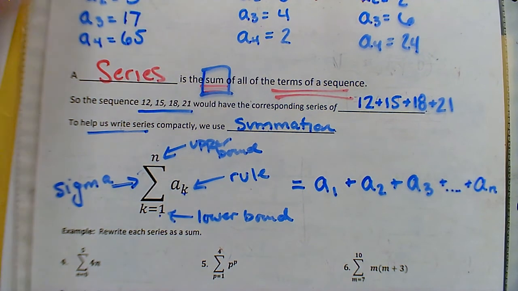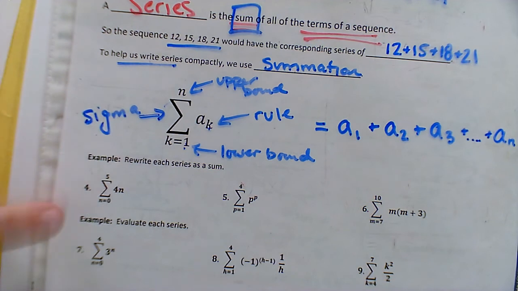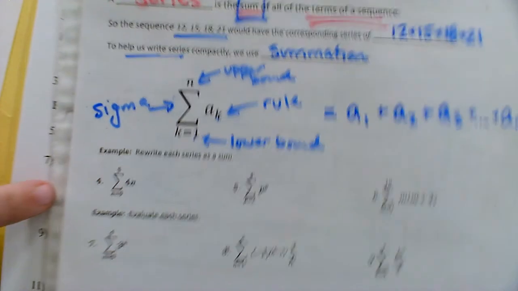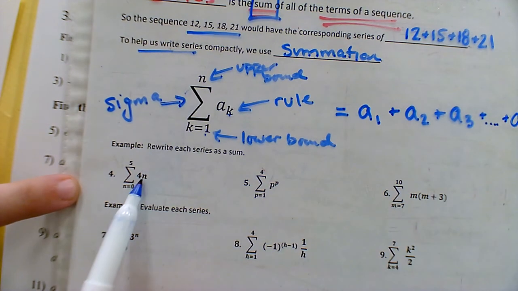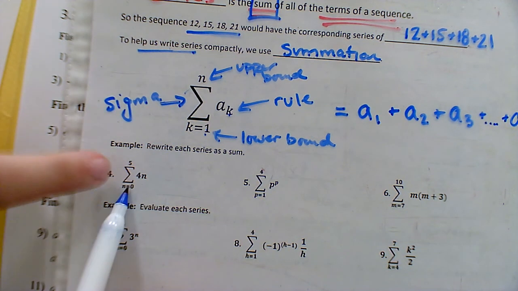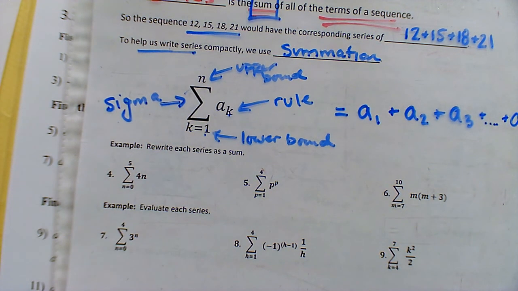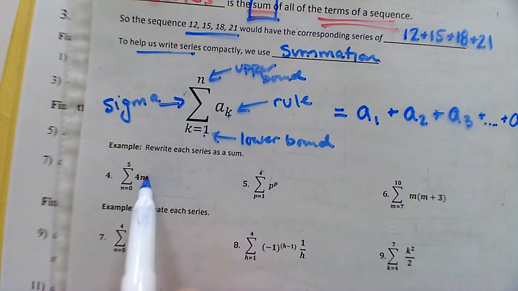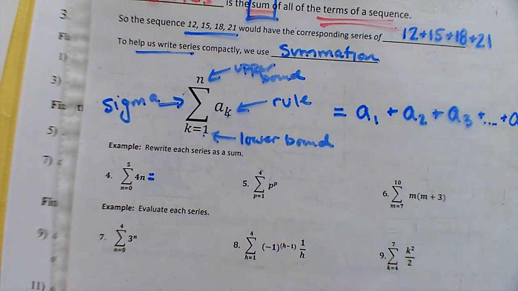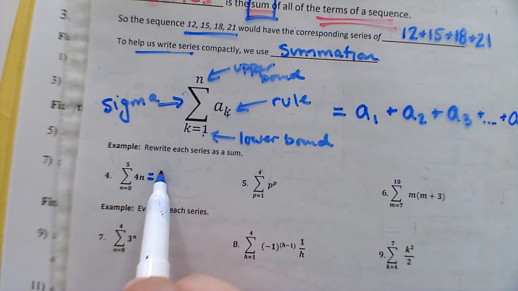Okay, so we're going to practice writing these series out based off the way this sigma looks. So for the first one, our rule is 4n. We're going to start by plugging in 0, we're going to end with plugging in 5, and we're going to add all of the other terms in between 0 and 5. So if you plug in 0, what do you get for your first term? 4 times 0, we have 0.